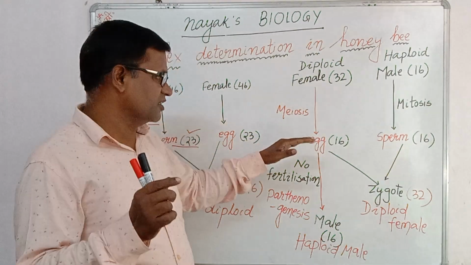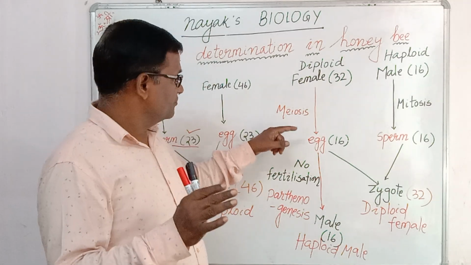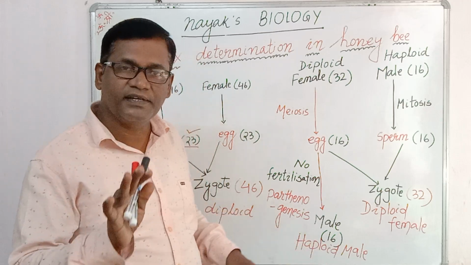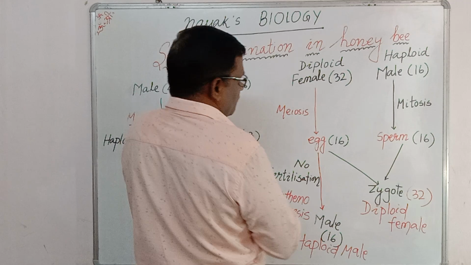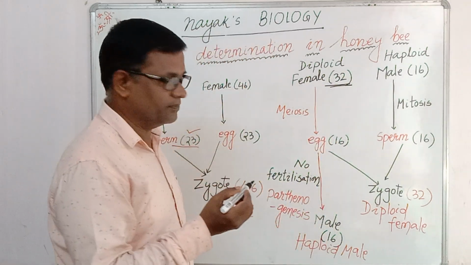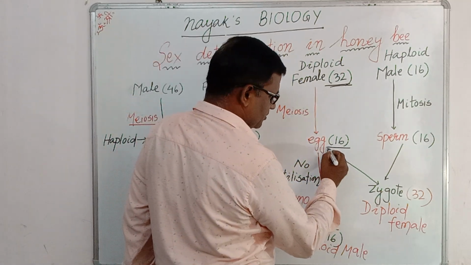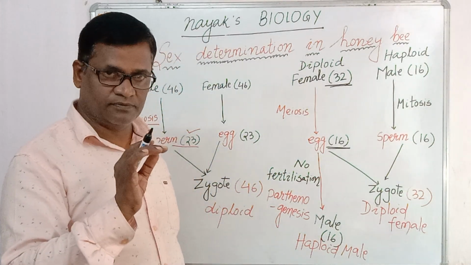In meiosis, reduction division occurs and the gamete, the egg, is formed. This egg contains the haploid number of chromosomes, that is 16. Why 16? Here we have the full set, the diploid, 32 chromosomes. When it follows meiosis, the number of chromosomes is reduced to 16, because meiosis is a reduction division.